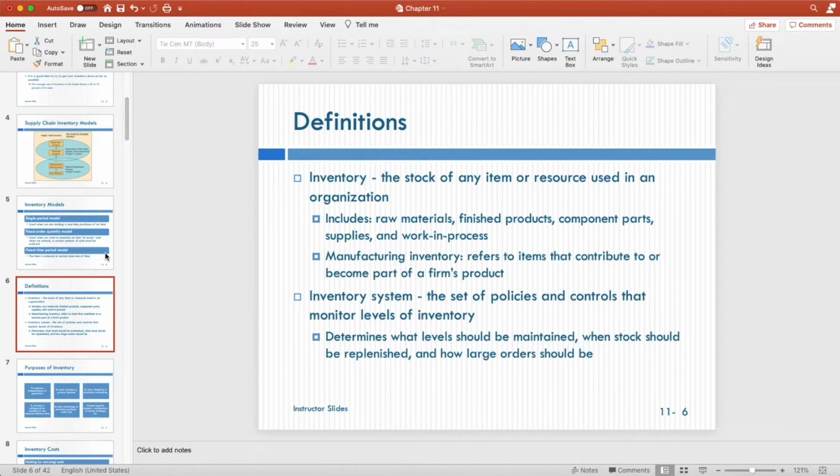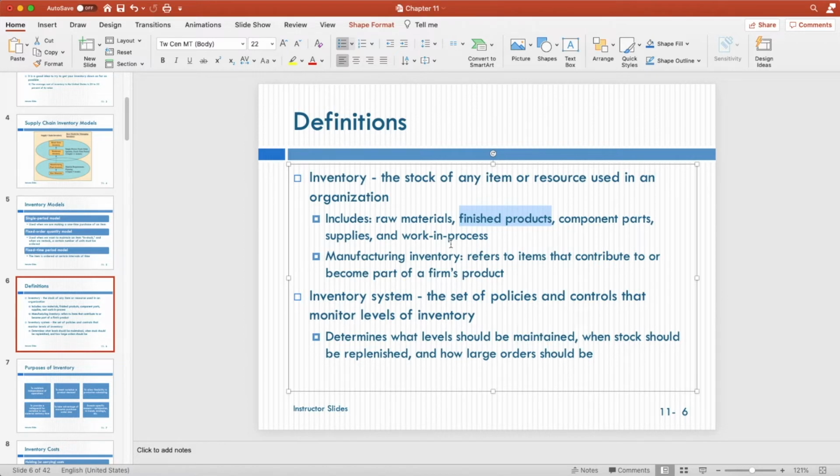Before we start to talk about those three models, let's get back a little bit. We already talked about what inventory is. We say that inventory is the stock of any item or resource used in an organization. It can include raw materials, work in process products, finished products, or products that are ready for sale.